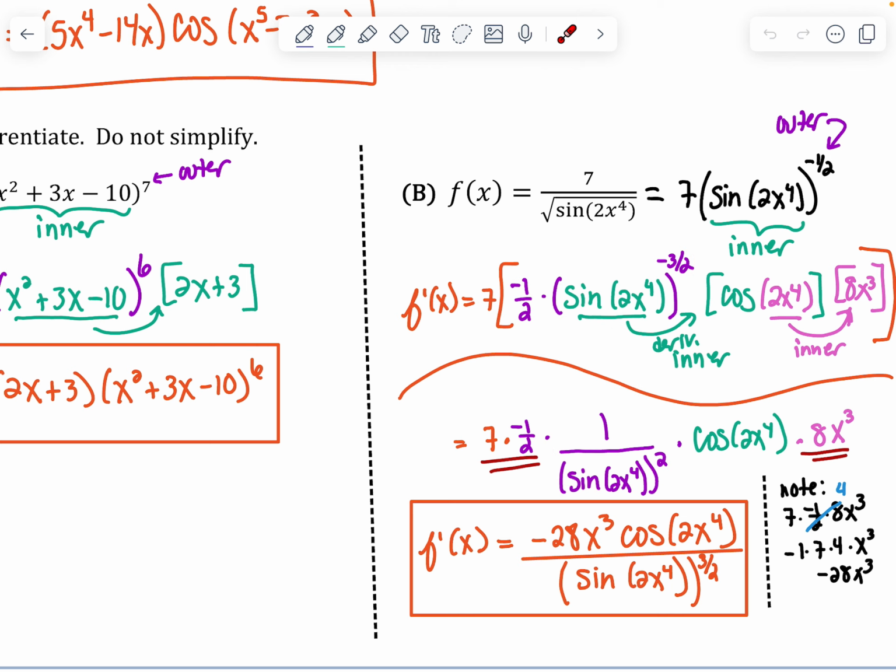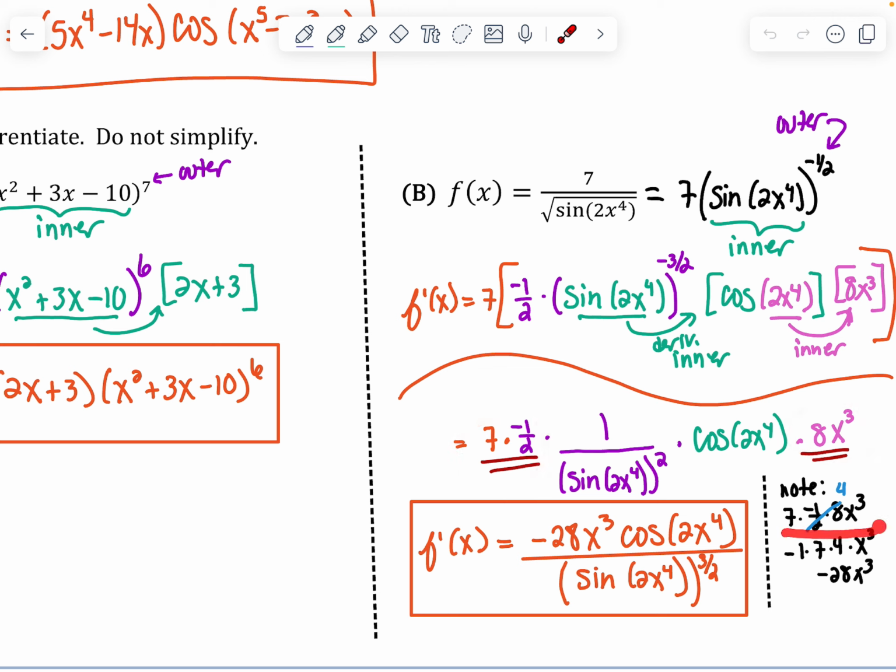Whoops, and this says negative 2, but that should actually say negative 3/2. My cosine of 2x to the 4th is technically over 1 if you want to write it that way. And same thing, my 8x cubed is technically over 1. These double underlined terms all can be simplified together.